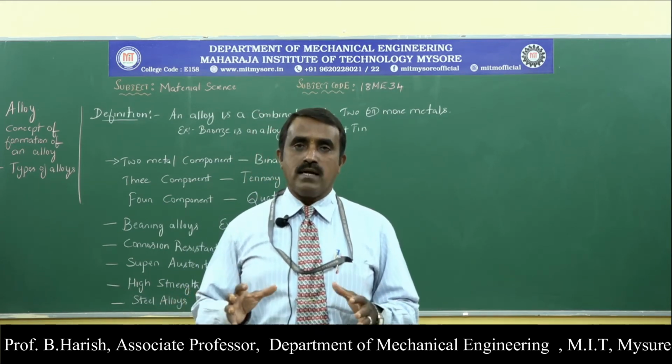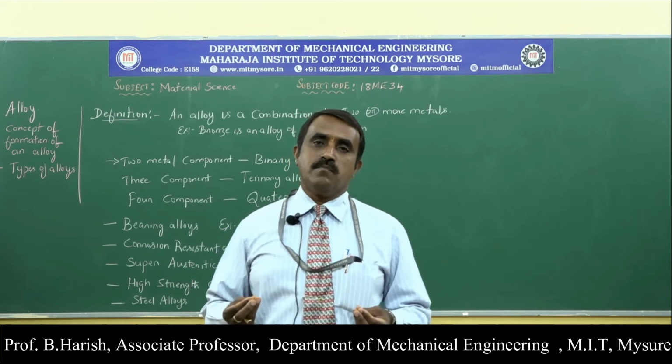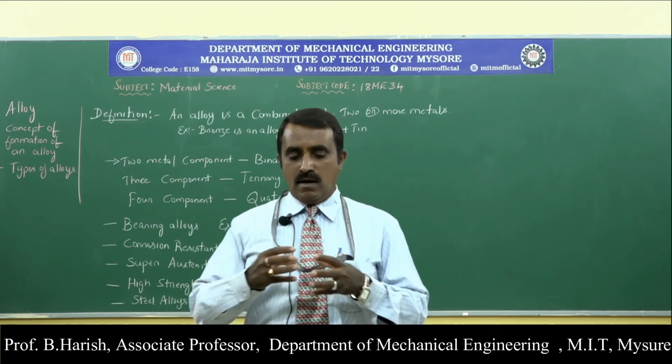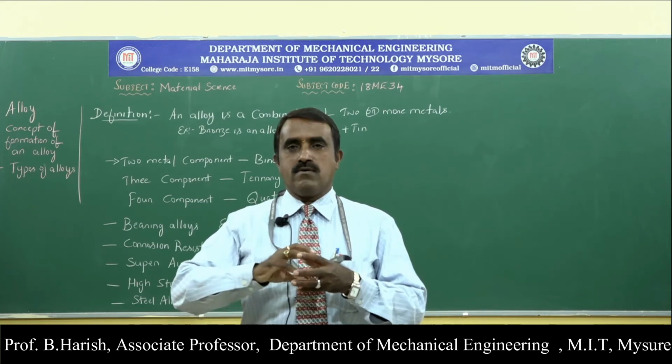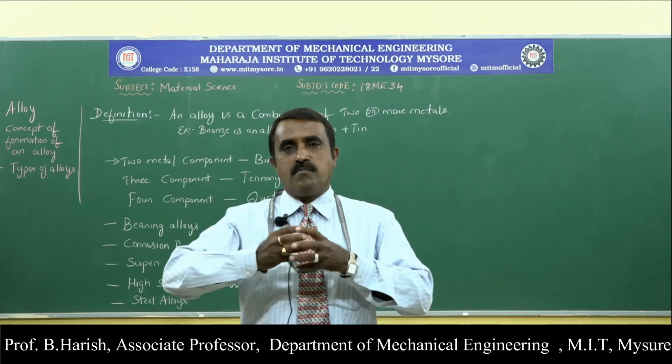To avoid that, we can have an alloy. Basically bearings: a bearing will be in contact with the shaft. As the shaft rotates, the bearing also rotates, so there will be contact between each other.